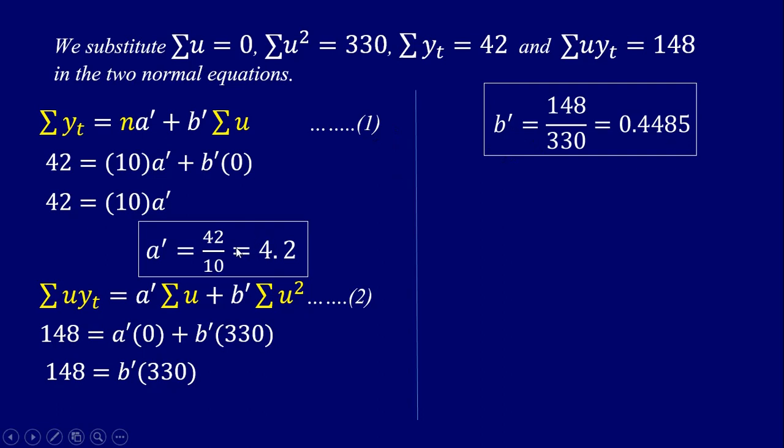So we get the value of a dash from normal equation 1, since summation u is equal to 0, and we get the value of b dash from the second normal equation since summation u is equal to 0. We have these two values.